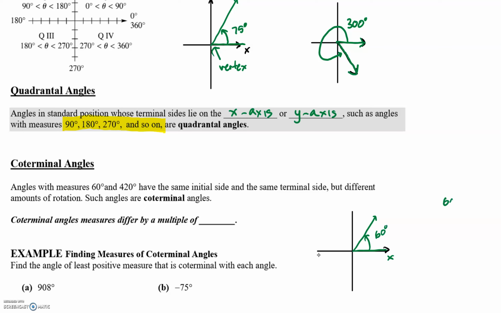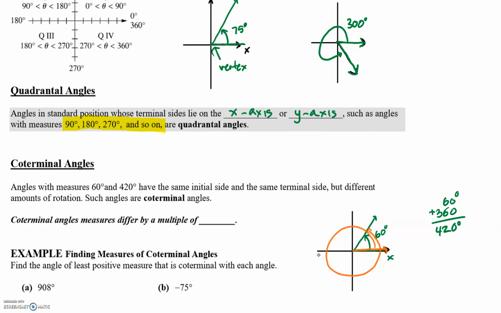Now, if we take 60 degrees and add another 360 degrees, you're going to get 420 degrees. So 420, let's do that in a different color, is going to start again on the x-axis, but it's going to go all the way around, 360 plus another 60.